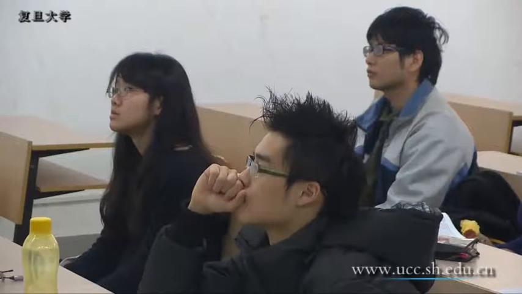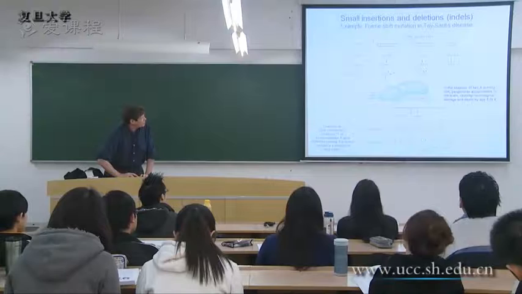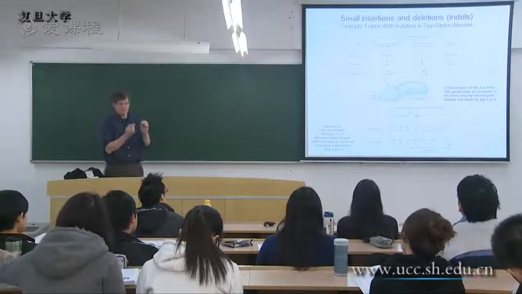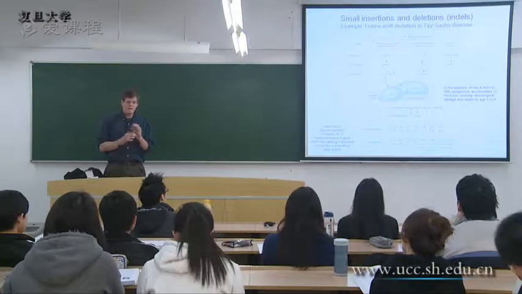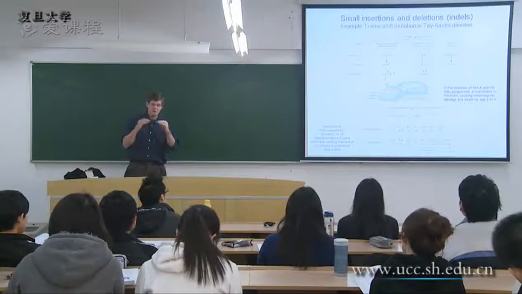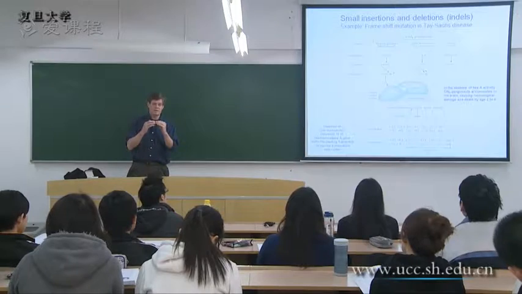Okay, now this is another type of mutation, involving the insertion or deletion of several nucleotides, and the effect of this is often to change the reading frame of the gene.